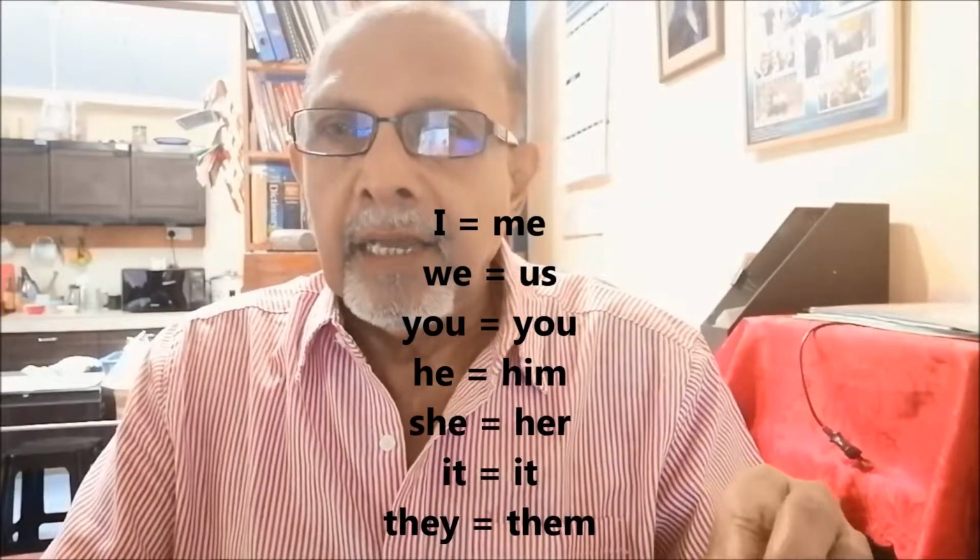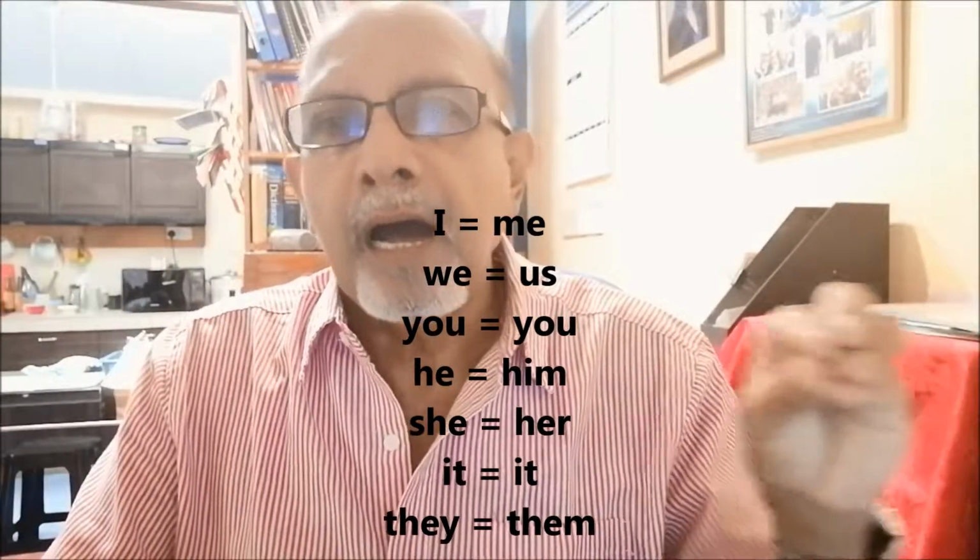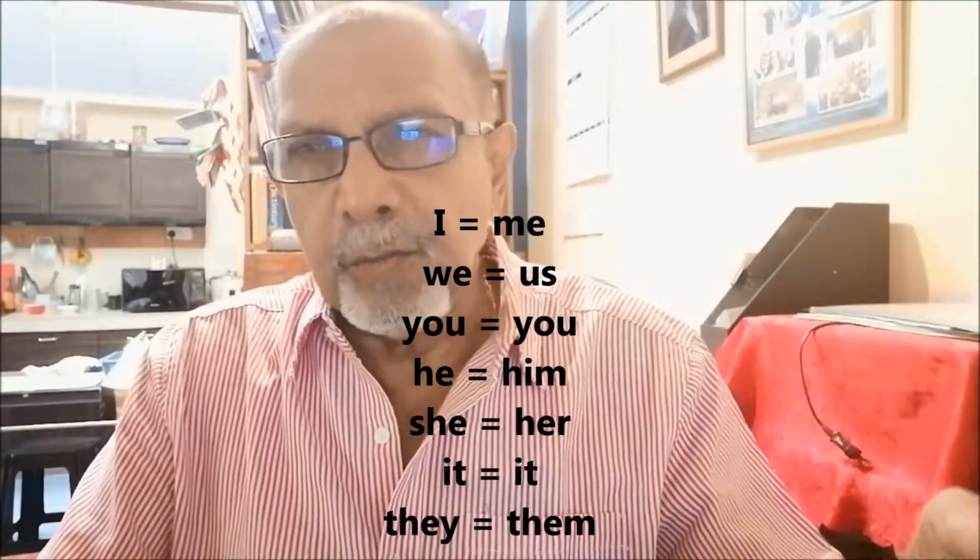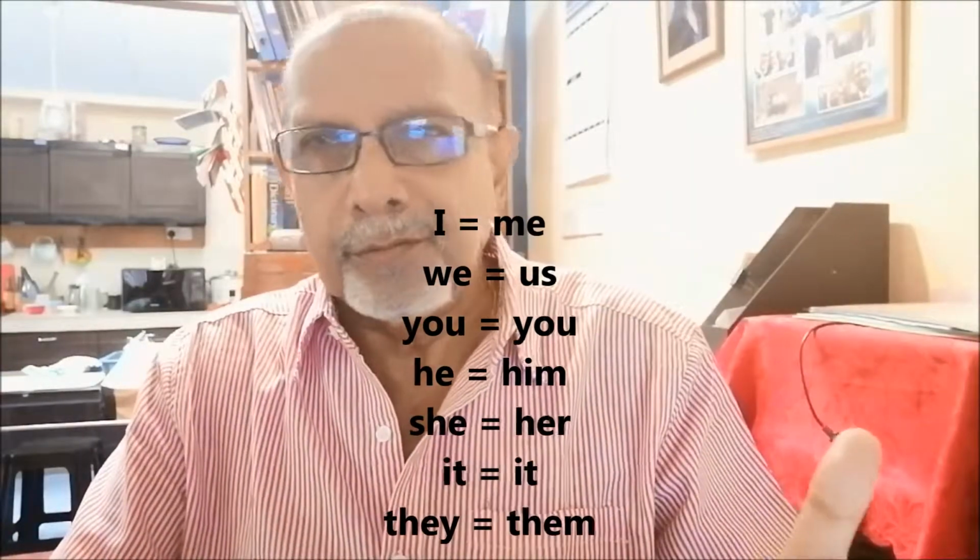Now, when we talk of the object, let's say, my brother called me. So I'm the recipient of that action of my brother. So I becomes me. We becomes us. You becomes you. Doesn't change.